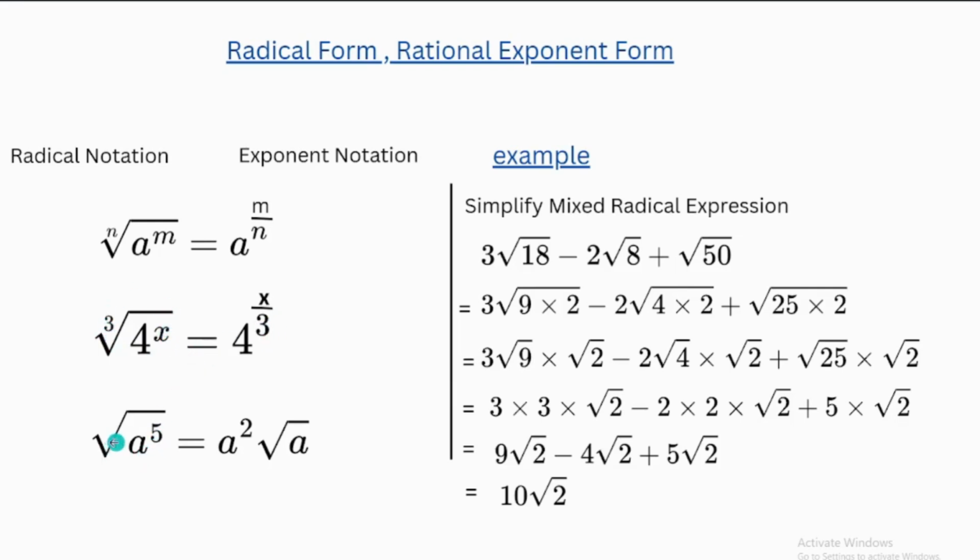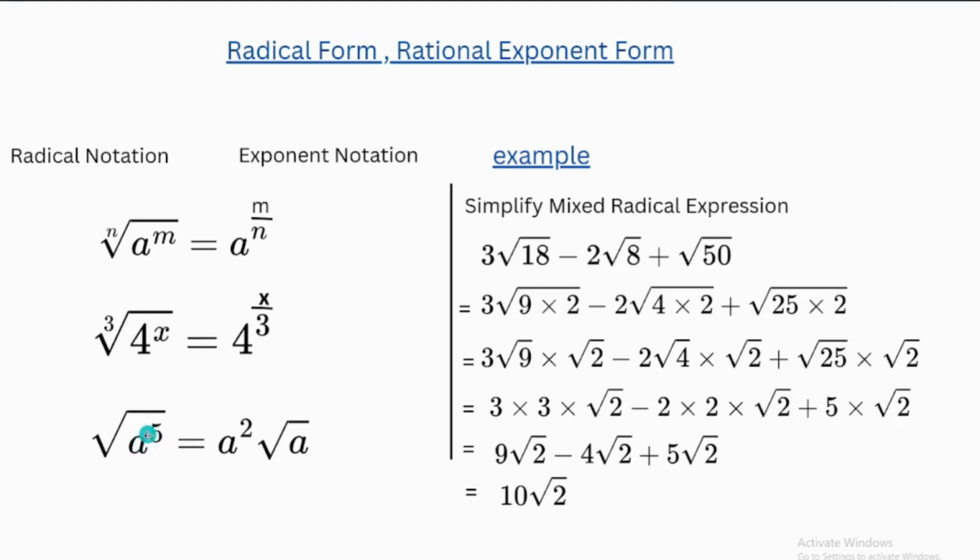Here there is no index number, so we know that it is a square root. A to the power 5 over 2. But here, a to the 5 equals a to the power 4 times a.